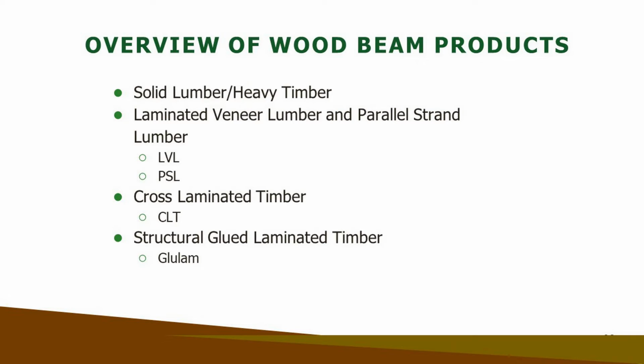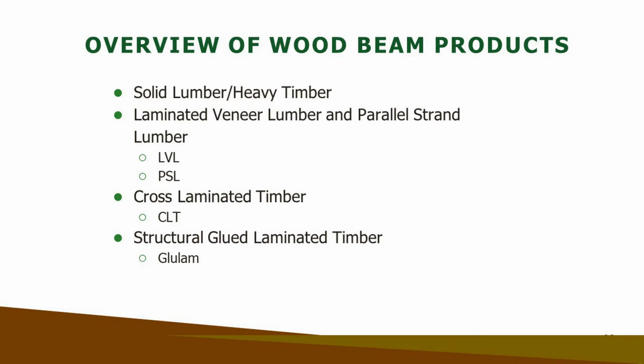So solid lumber and heavy timber, your 2x4, 6x12, etc. You have laminated veneer lumber, LVLs or Microllam, parallel strand lumber, also known as PSL or Parallam. And all of these are commodity products that are limited in their structural capabilities, limited in the dimensions available. They're also limited in their appearance qualities.